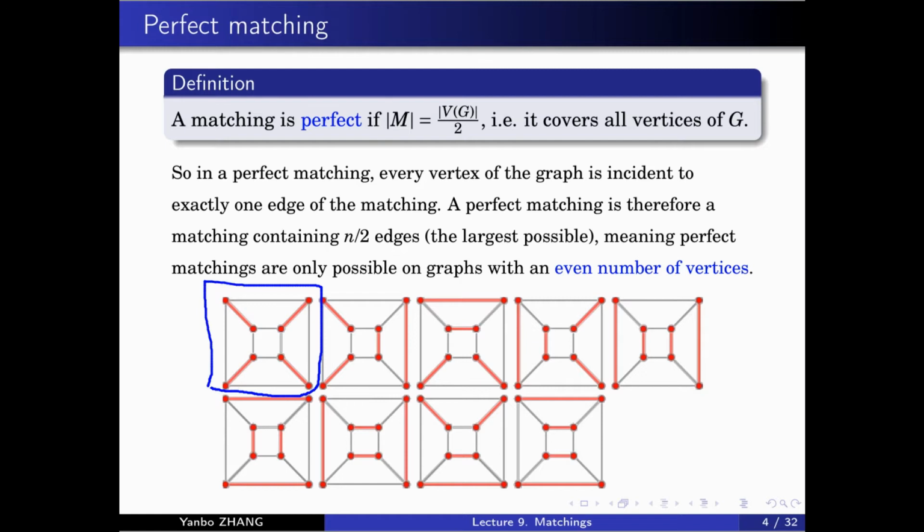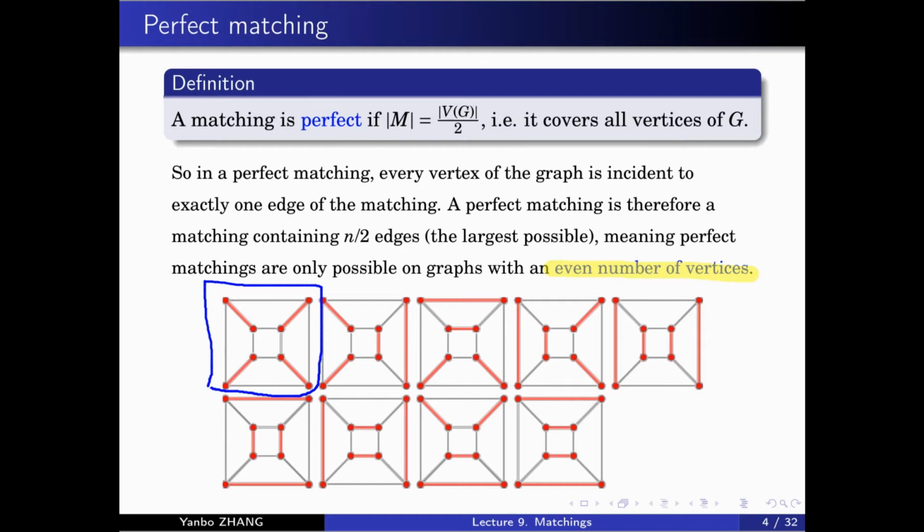Meaning perfect matchings are only possible on graphs with an even number of vertices. This is because in a matching, one edge covers two vertices, two edges cover four vertices, m edges cover 2m vertices.